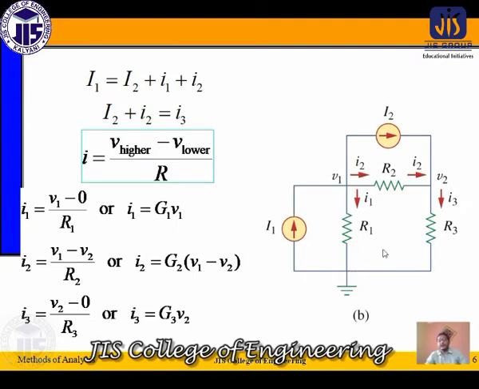Now here is the main thing that we have to understand. Sometimes there are some difficulties in writing down this current in terms of voltage and resistance. Just try to remember one thing, like a water analogy. How does water flow? Due to height difference.